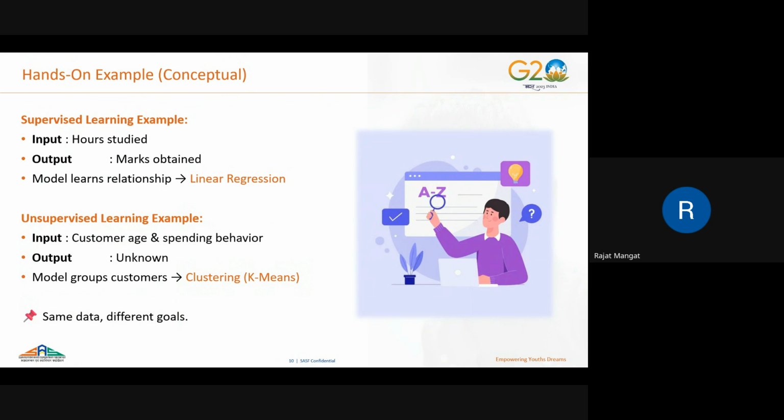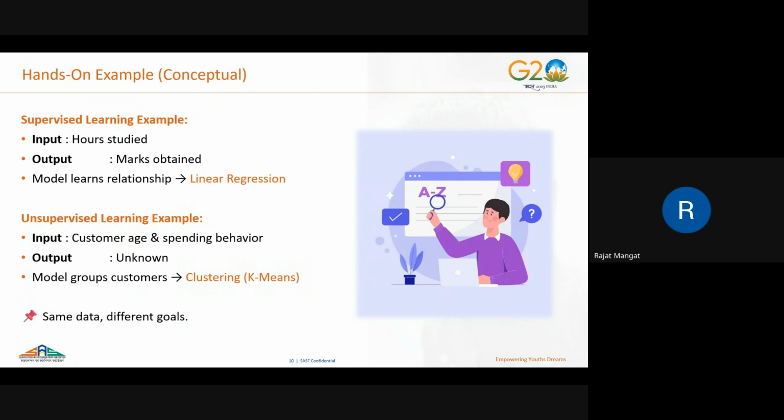Okay, I am studying for 2 hours a day. What will be my result, predict my result in the upcoming semester. Then it will tell you, okay, you might be getting this much marks if you are studying only 2 hours. If you are studying 5 hours, then your result is getting improved. Okay, there we will be using the linear regression algorithm.